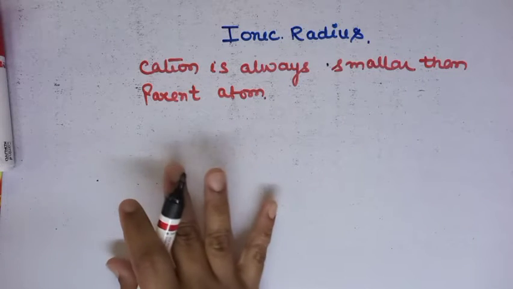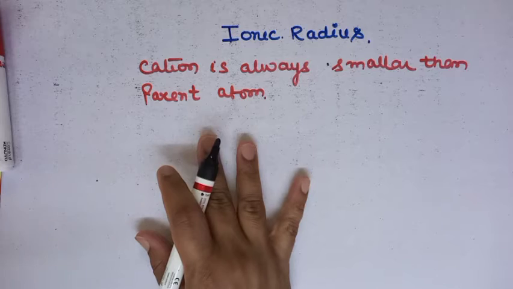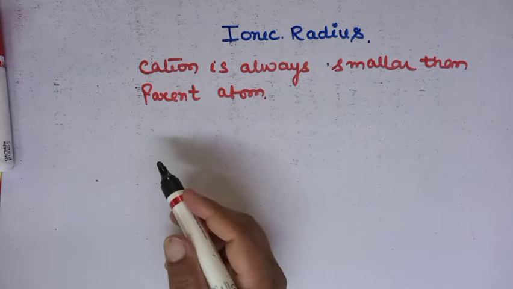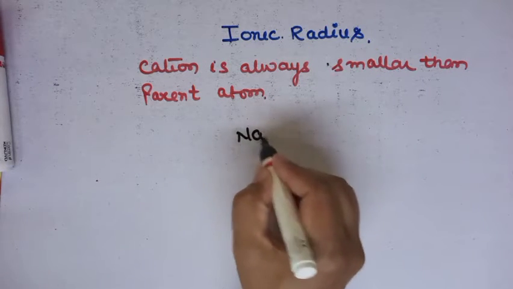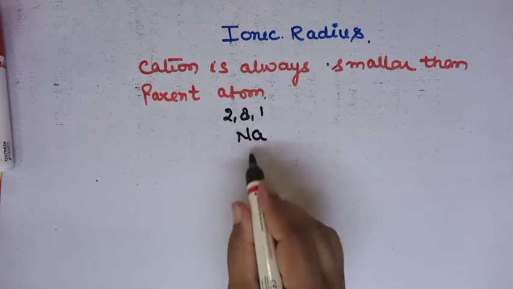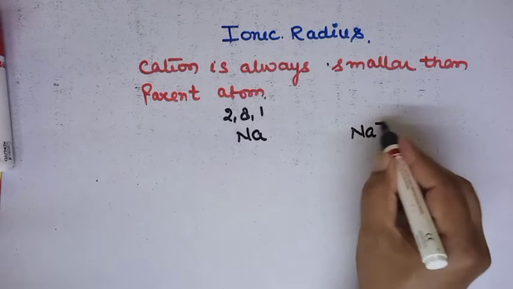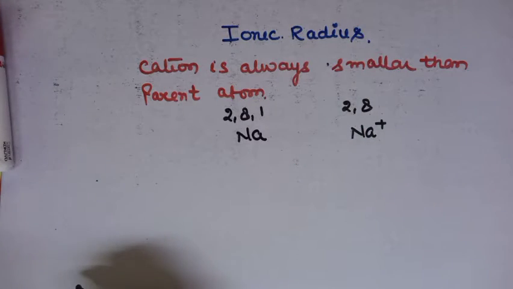Now if we compare the radius of ion with respect to their parent neutral atom, cation is always smaller than parent atom. For example, sodium, which has a configuration of 2, 8, 1, when it loses one electron, it becomes sodium ion, a cation.